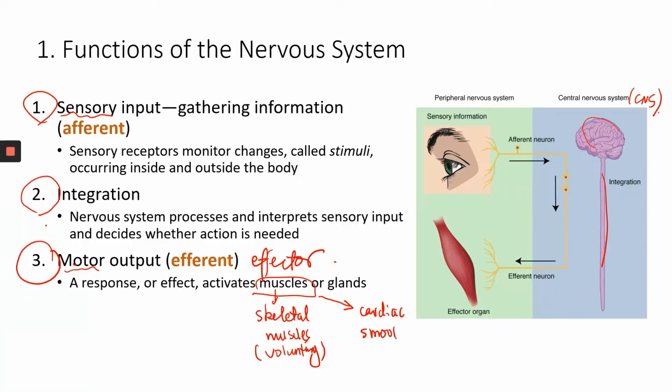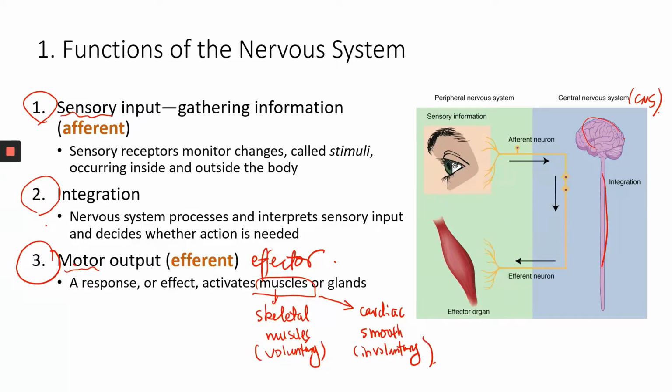All right, so the motor output can also be going to these two types of muscles, but it's going to be under involuntary control, meaning you cannot control them consciously. So this all happens without you consciously knowing that. So it's done automatically by your nervous system.